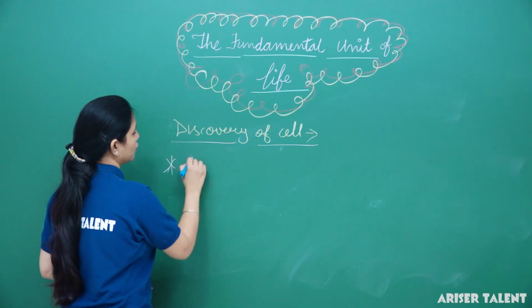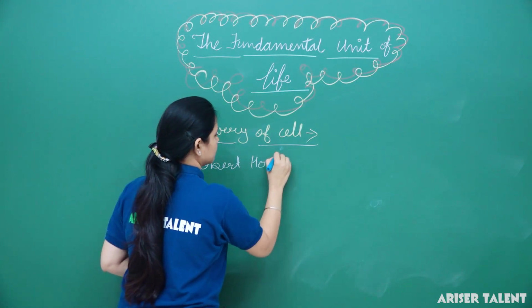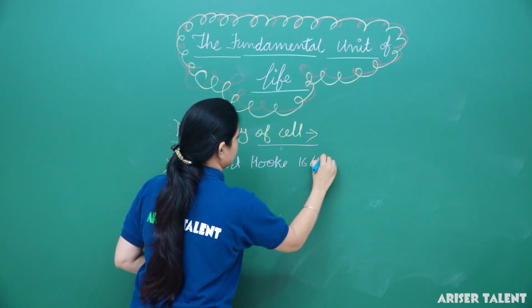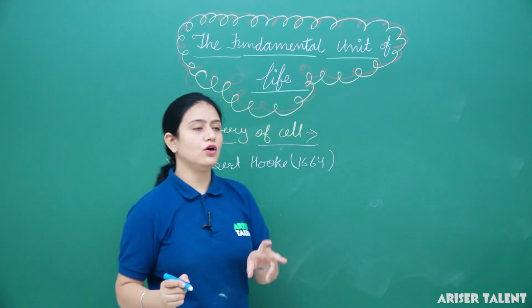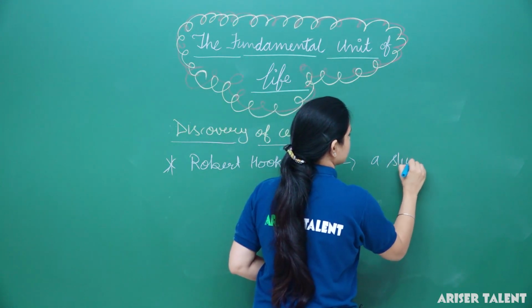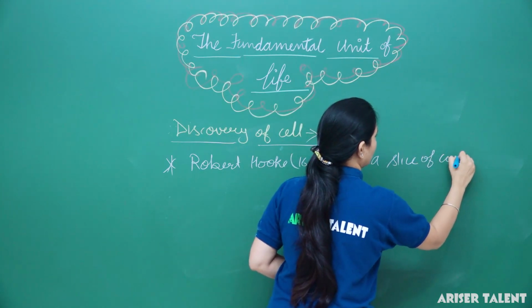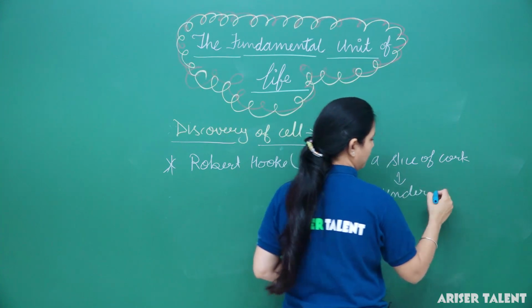First of all, Robert Hooke in 1664, what did he do? He examined a slice of cork under his microscope.